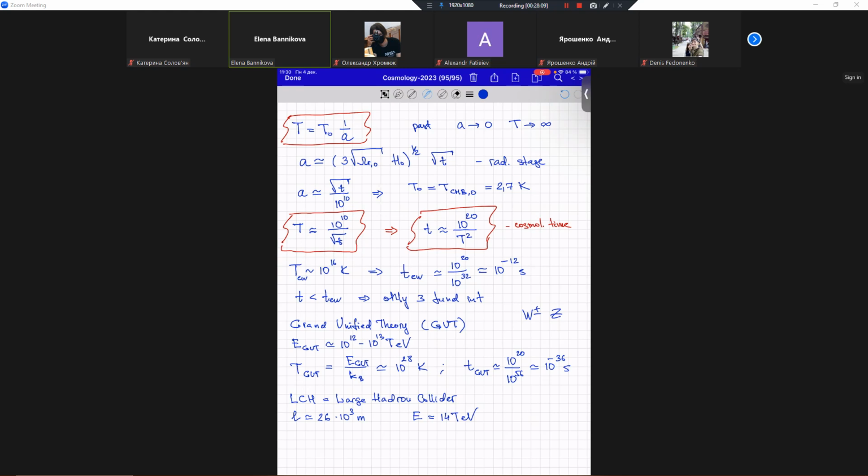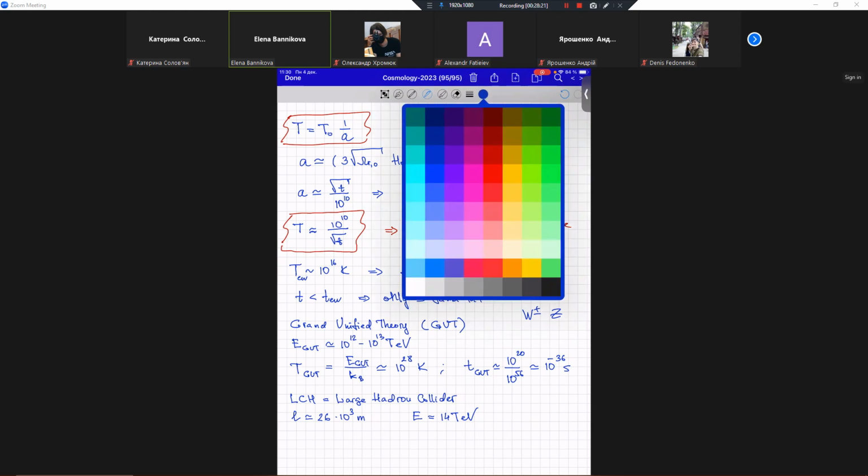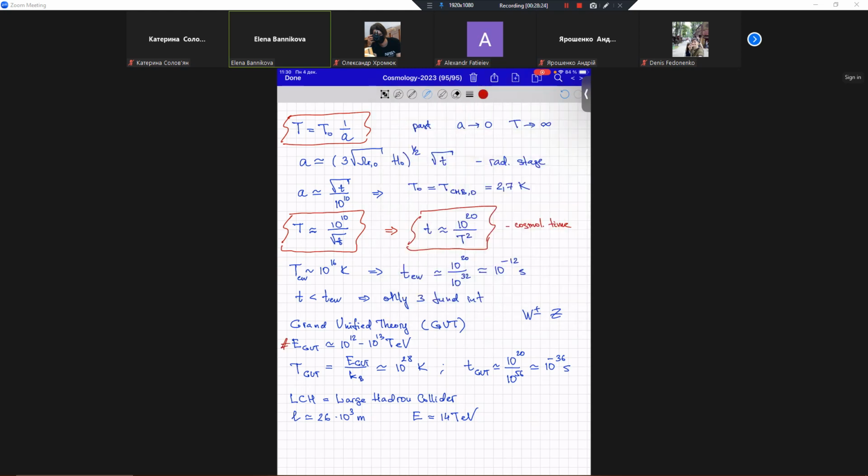And you understand that it's really far from the value which we would like to obtain for the grand unified theory. For example, if we continue to use our technology and would like to reach this energy linearly, just building a larger collider, we can simply calculate that for this energy we need to multiply by 10^12.